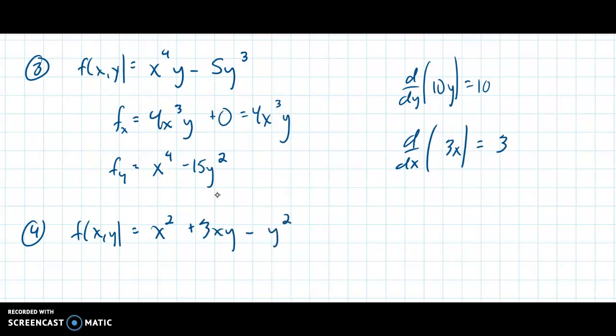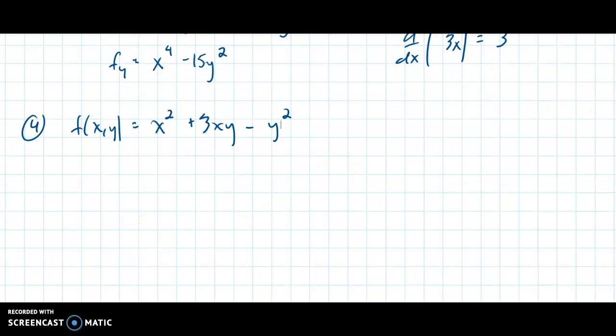Now let me just interject to say that I'm doing these problems with the intention of teaching you how to do Jacobian matrices when we are solving nonlinear systems and differential equations. And this right here and the next one are ones that are going to show up. So I'm very intentionally doing these because they're the ones that we're going to see later. So see if you find partial x and partial y for this one.